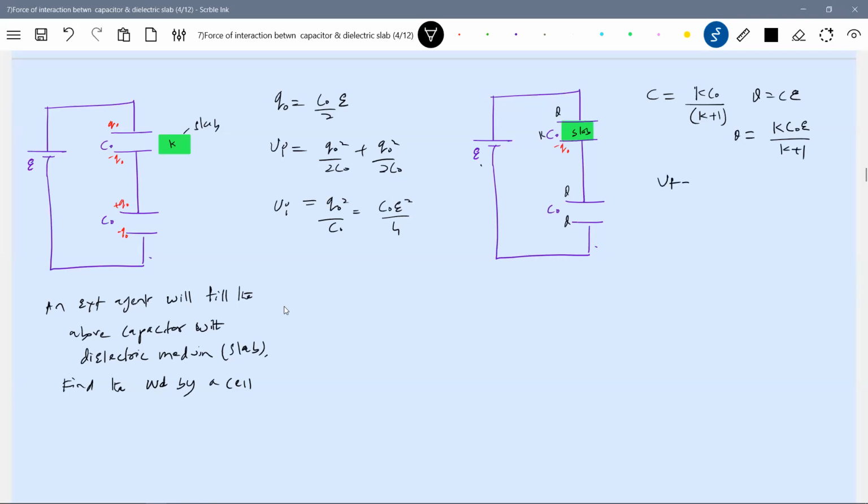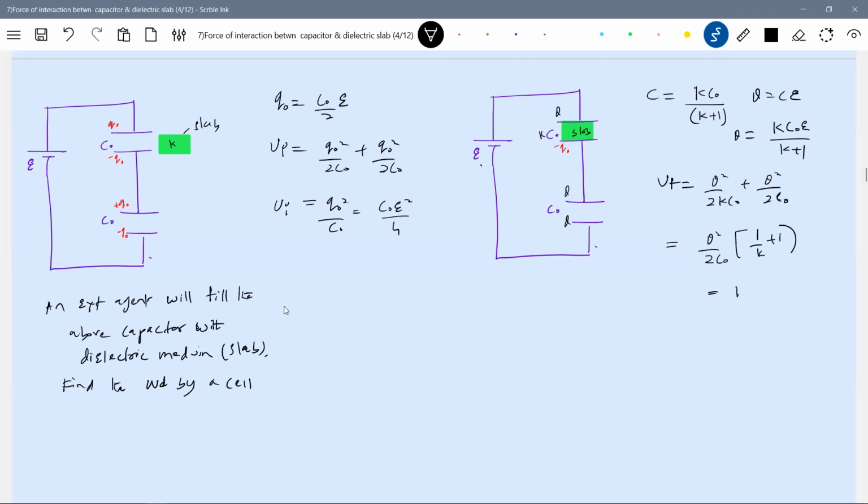The final energy in the capacitor should be equal to Q square by 2 C naught. Q square by 2 C naught, first we'll bring outside. This will become 1 by K plus 1.